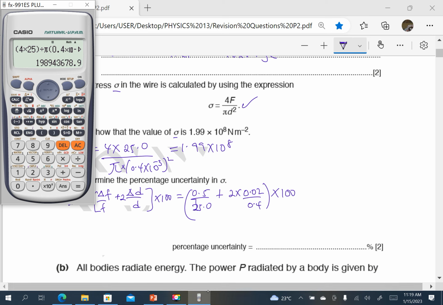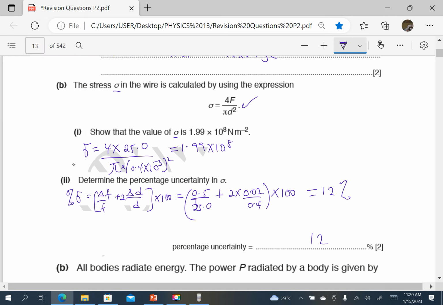So let's check. So we open the brackets, 0.5 divide by 25, then plus, open another bracket, 0.4, because 2 times 0.02, that is 0.04, divide by 0.4, close the brackets, then times 100, that is 12%.